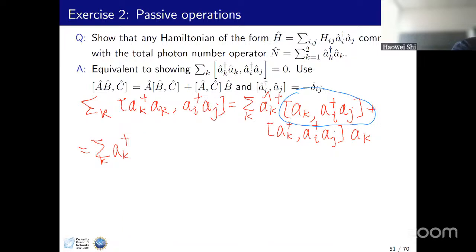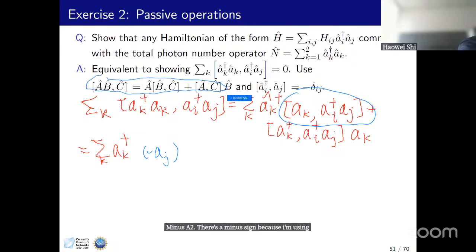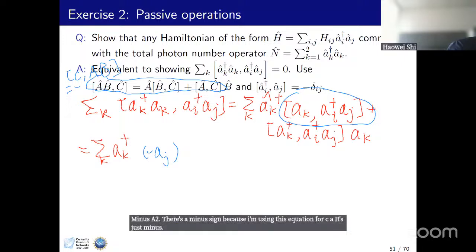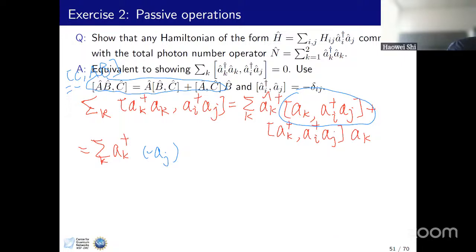This term will give us minus a_j. There's a minus sign because I'm using this equation for the commutator, which is minus a_i. This term is canceled.